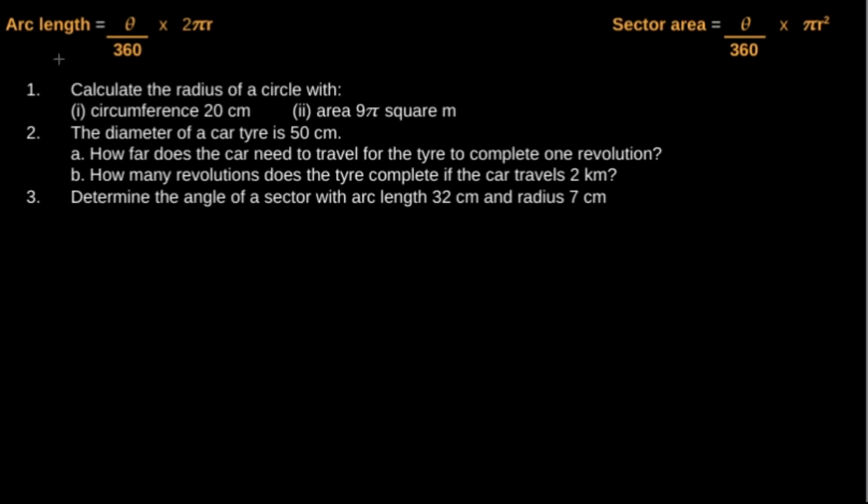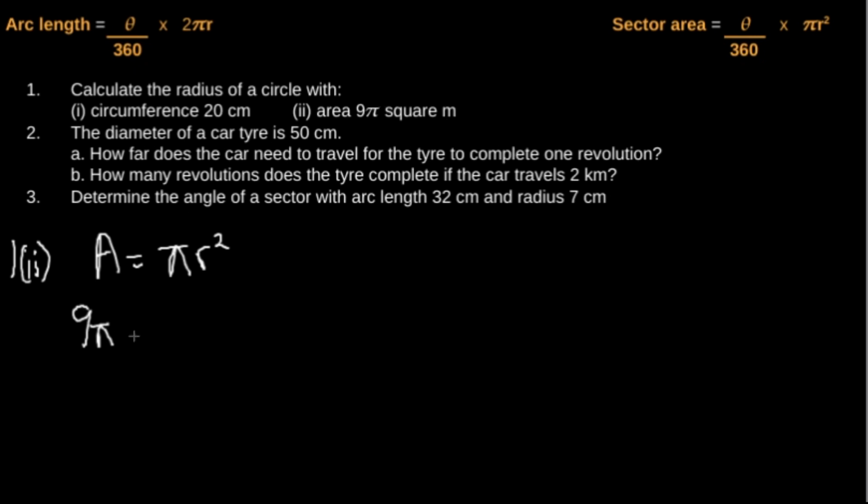Number 1.ii, we're given the area this time around. Let's start with the formula for the area of a circle, that's pi r squared. Now the area of this circle is 9 pi. The question says calculate the radius of a circle with area 9 pi square meters.